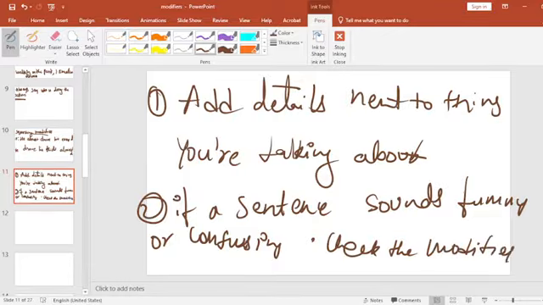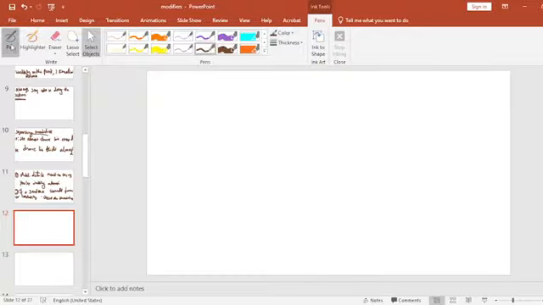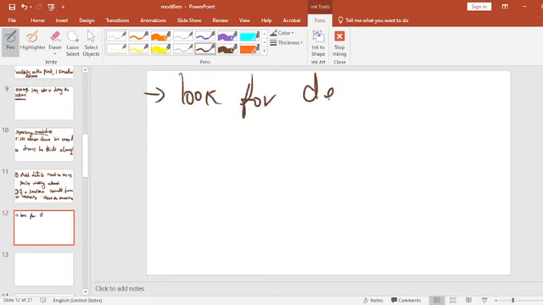Okay. Third rule, look for describing words and see what they are describing.